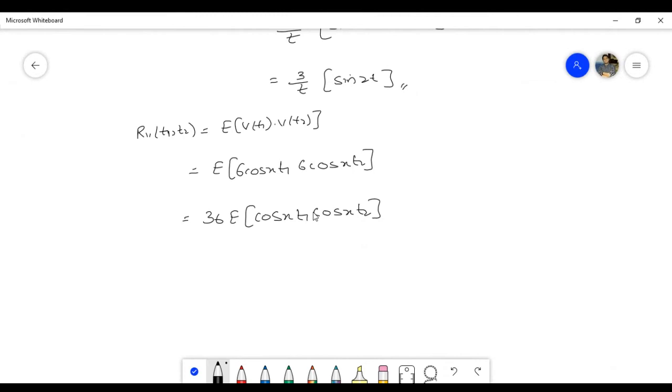So this is a product of trigonometric functions, and we cannot do the integration of a product of trigonometric functions.